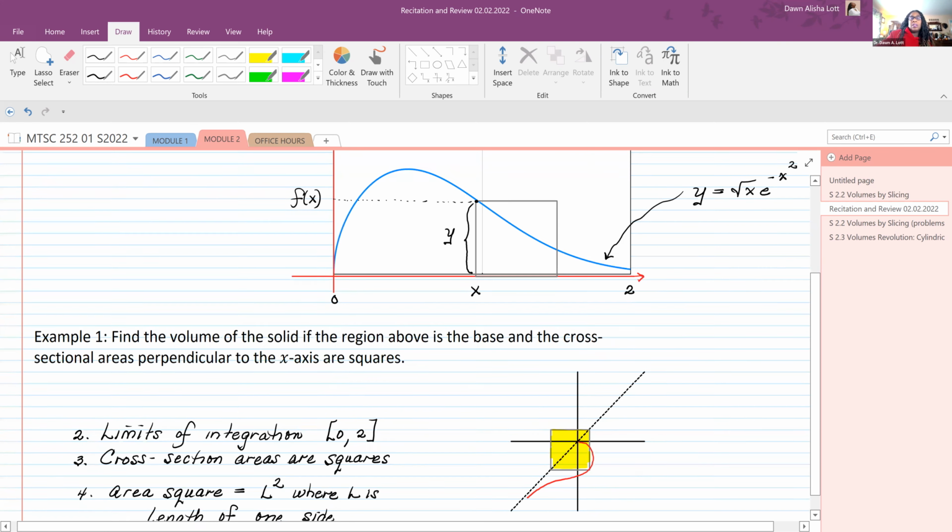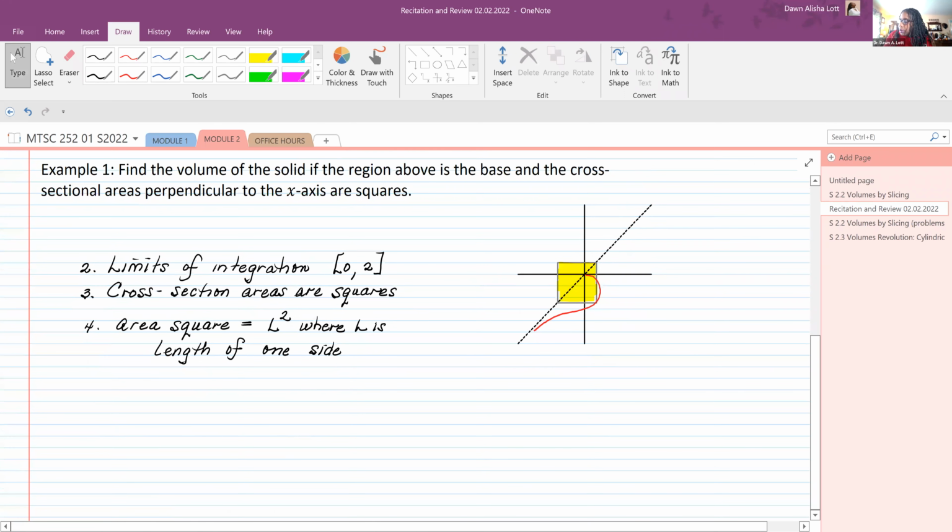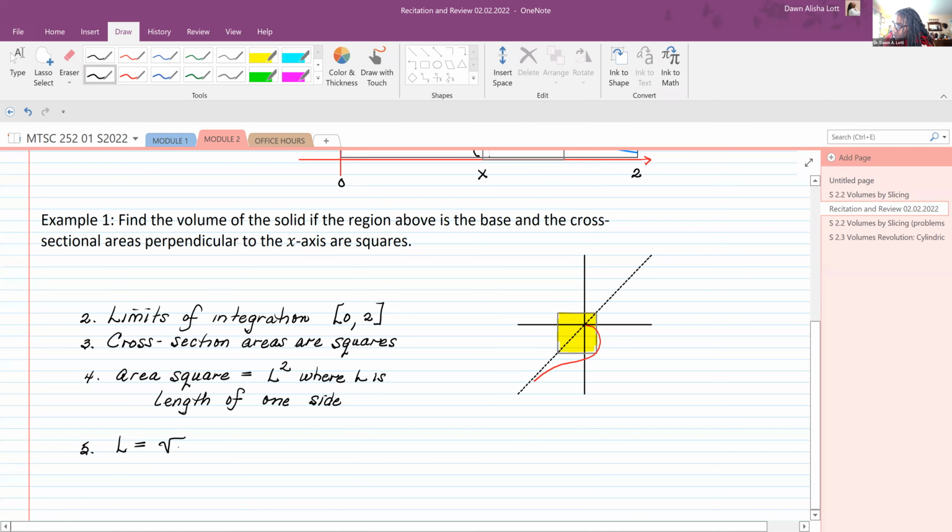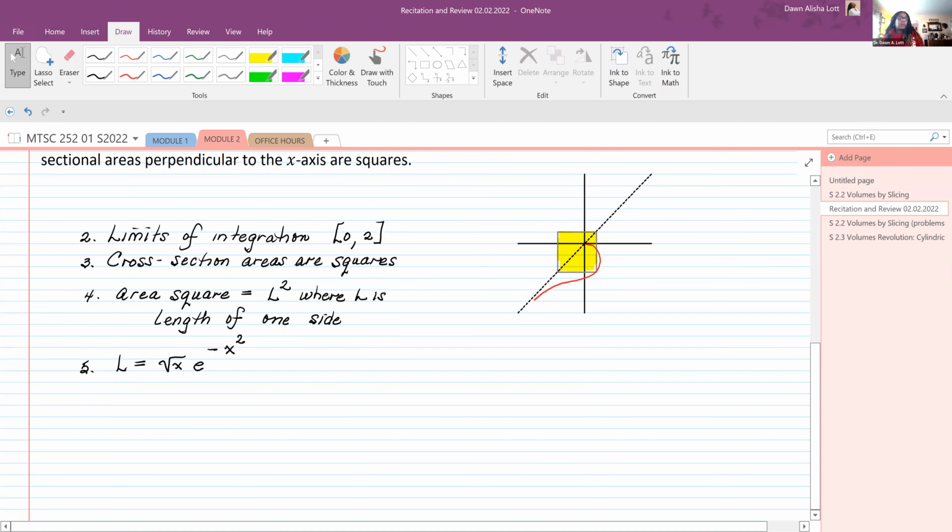So in number 5, we're trying to find the area. The length of one side of the square is the square root of x times e to the negative x squared. Then the area is that squared, so that's going to be the square root of x times e to the negative x squared, squared. And what does that simplify to?